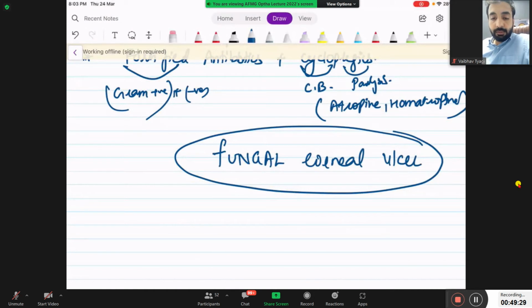Okay. So we do the scraping. We send the sample to the microbiology lab. Meanwhile, we can give fortified antibiotics which can cover gram positive as well as gram negative or anaerobic coverage. Okay. After 3 days, when the reports come, we can switch to another class of drug if the patient has an anaerobic infection or gram positive infection.